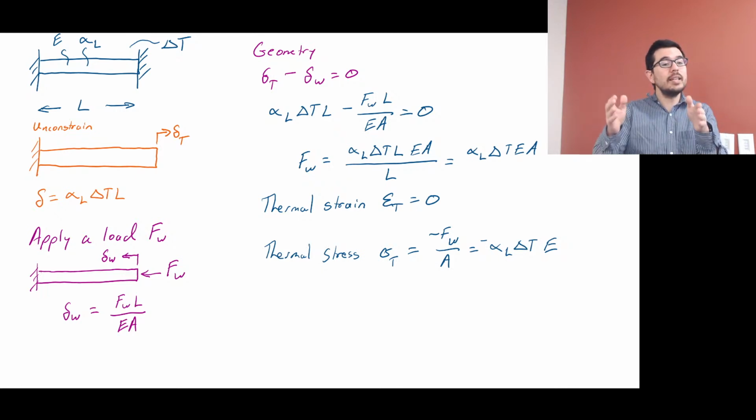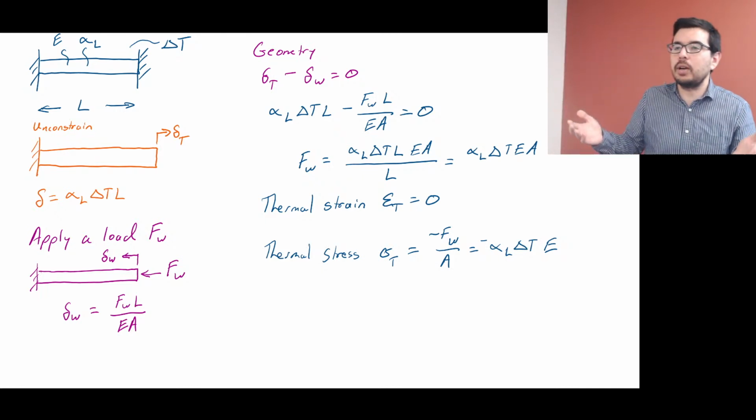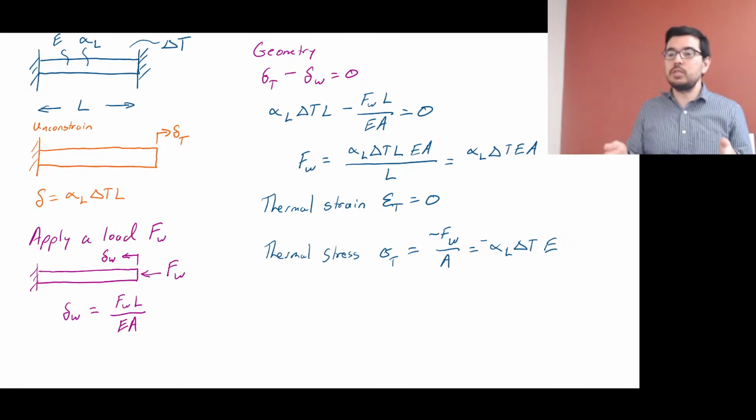So we pretend that the two walls aren't there, or one wall is not there, right? And then we apply force to push it back to satisfy that constraint of having a wall. And then we said, oh, well, the thermal strain is 0 because it couldn't go anywhere, but it wanted to. It wanted to expand, but it wasn't allowed to. It was constrained.